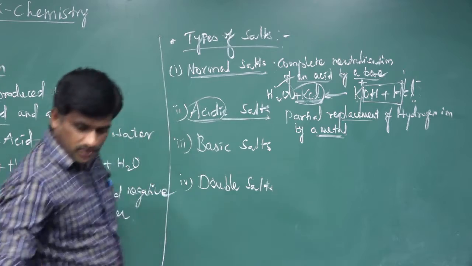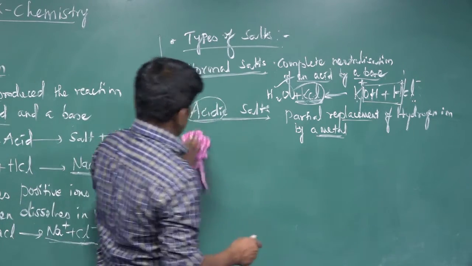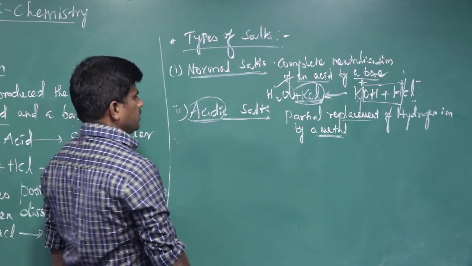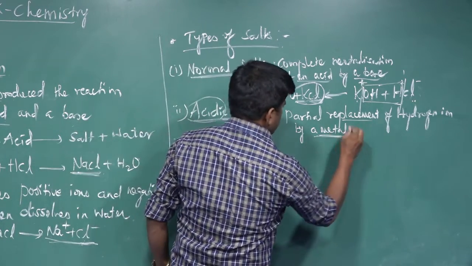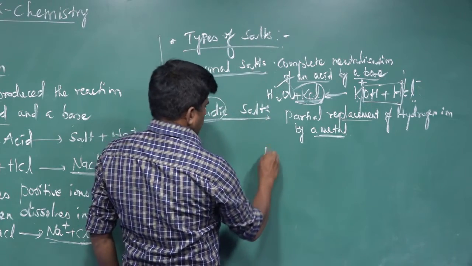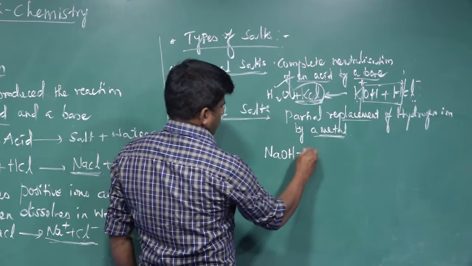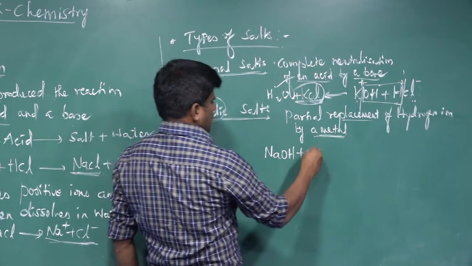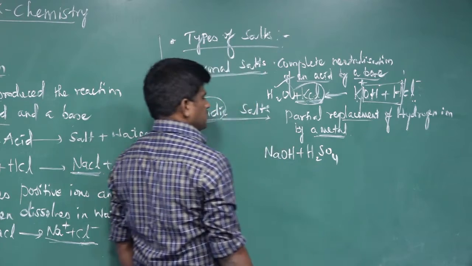Example of acidic salt. How is acidic salt formed? We are going to see it by an equation. Here a metal is going to replace hydrogen. We take sodium hydroxide, a strong base. We take another example, an acid that is a dibasic acid.